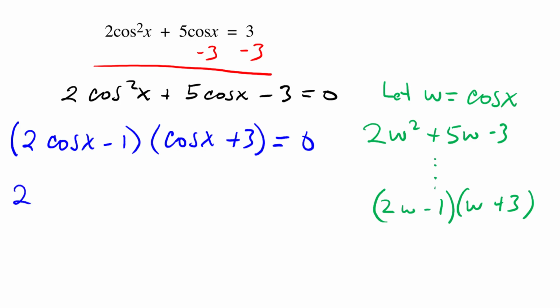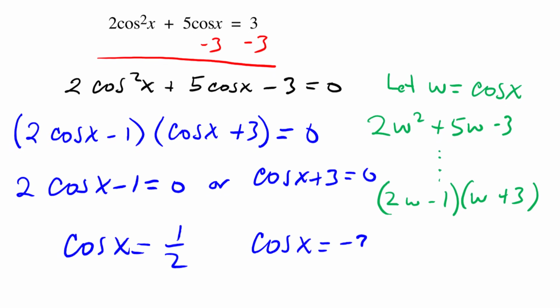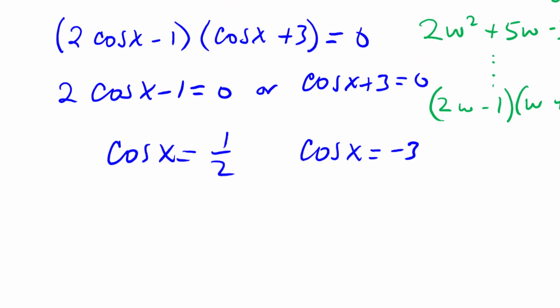Then we set each factor equal to 0. 2 cosine x minus 1 equals 0, or cosine x plus 3 equals 0. And in the first, we'll add 1 and divide by 2, so cosine x equals 1/2. In the second, cosine x is equal to negative 3. But of course, as we've seen before, that's not a solution.